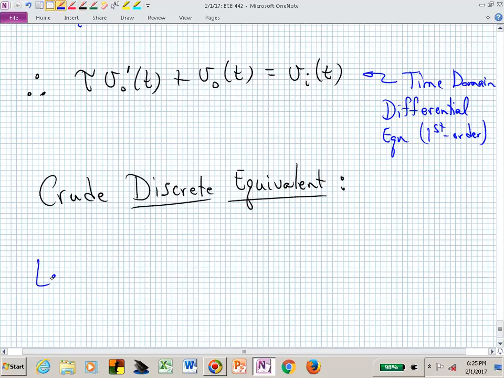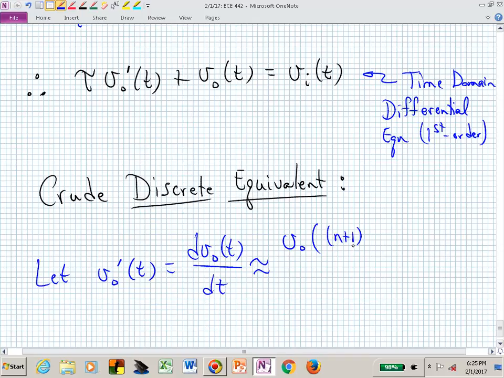Meaning, let's now let this v naught prime of t, which is the derivative of our output, be approximated with v naught one time step ahead of the present time, which we will denote as n plus 1 times T, minus v sub naught of t at the present time, which is little n capital T. And now my dt is just the time difference between those two arguments, which is n plus 1 T minus nT.